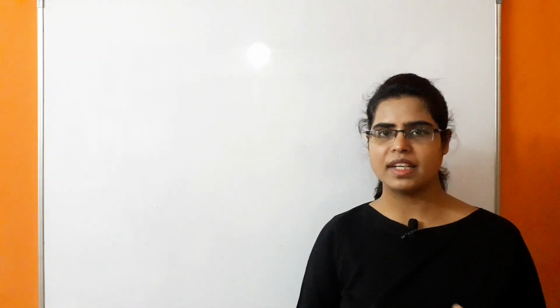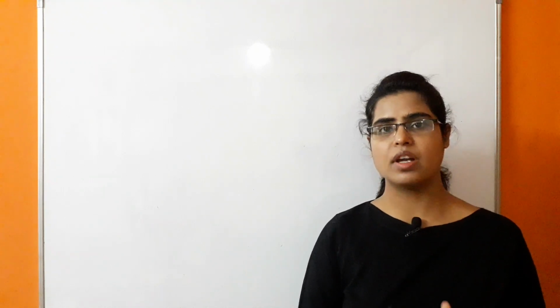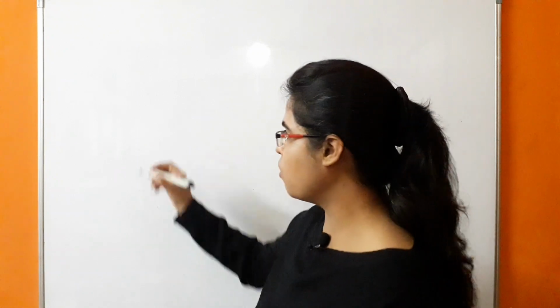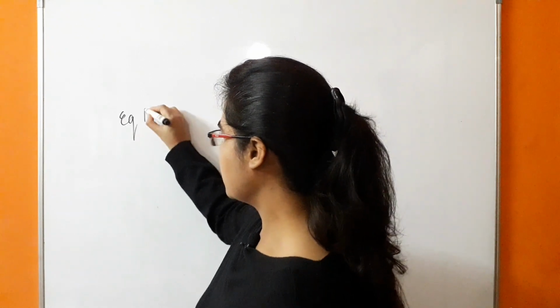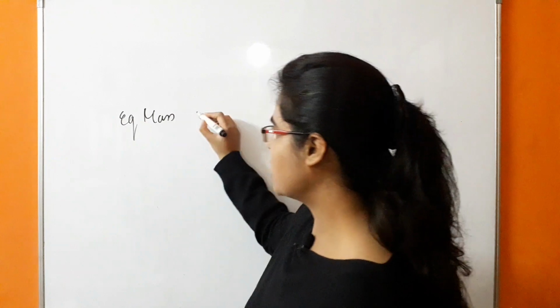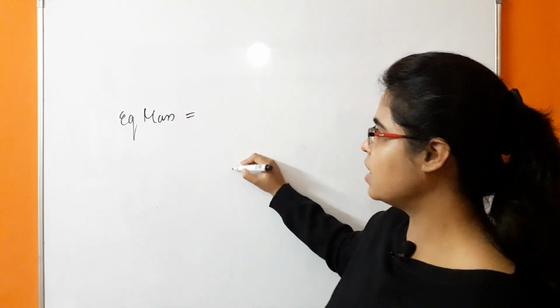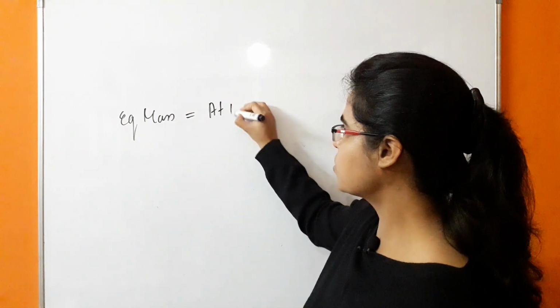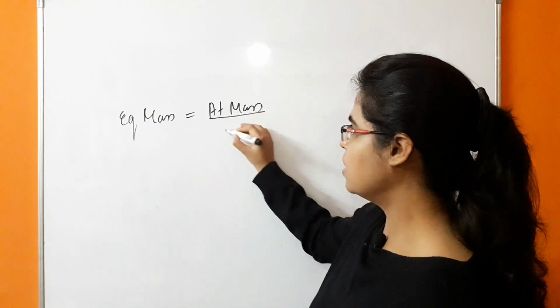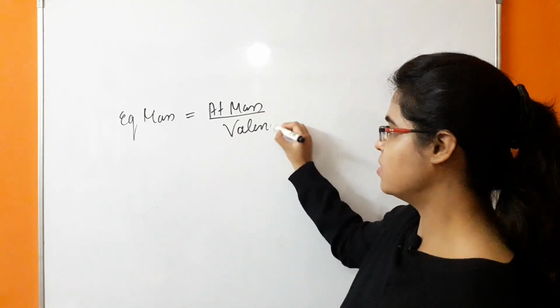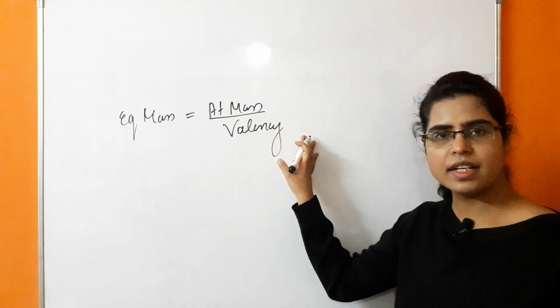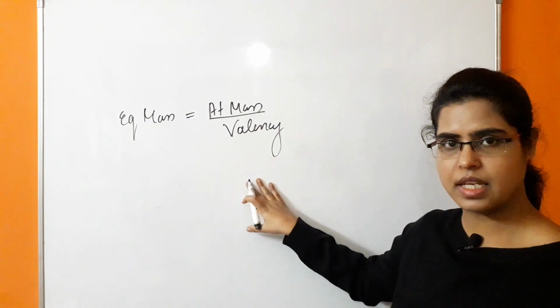For determining the equivalent mass of a particular element, what is the formula? Equivalent mass of a particular element is defined as the atomic mass of that element divided by valency.